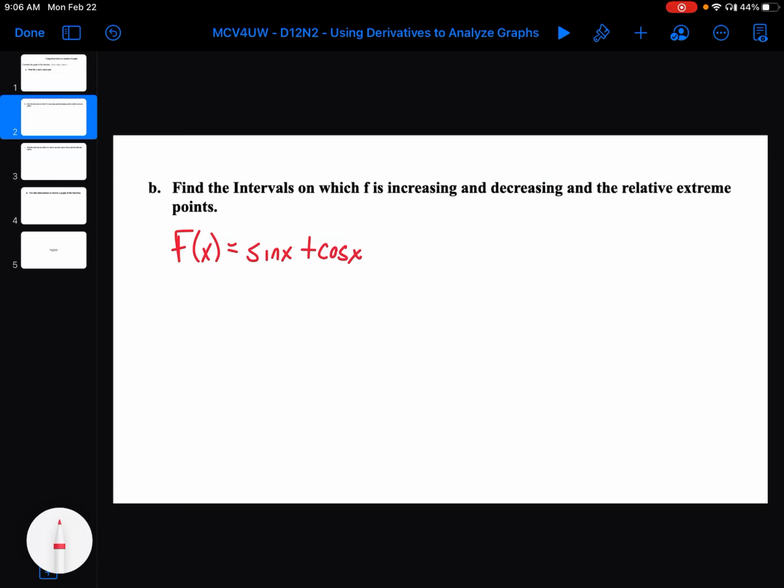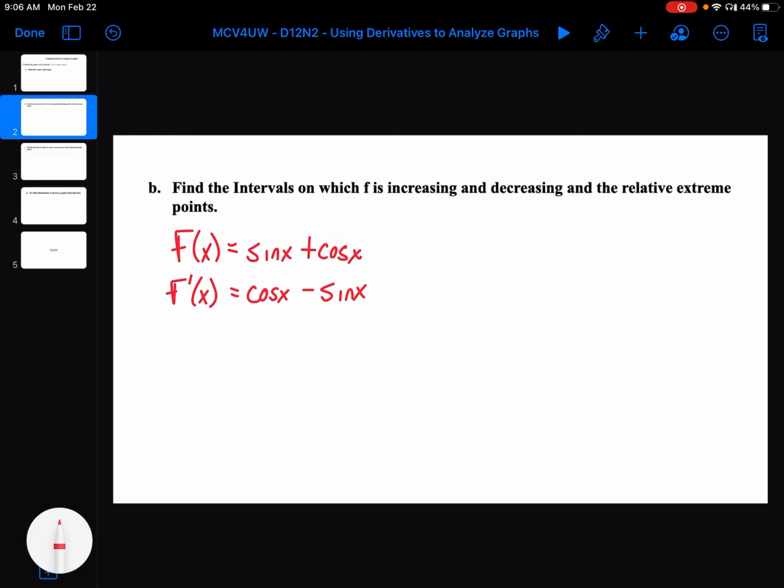If f prime at x is negative, then the graph is decreasing. So if we take the derivative of this, we know that the derivative of sine x is cos x, and the derivative of cos x is negative sine x.